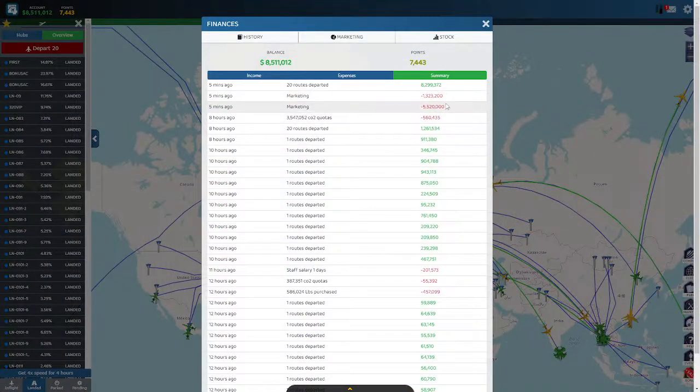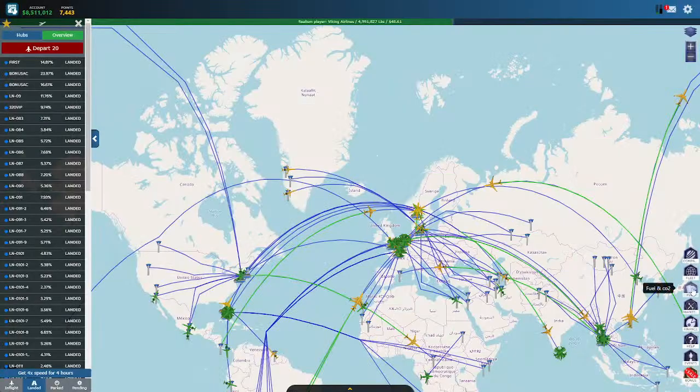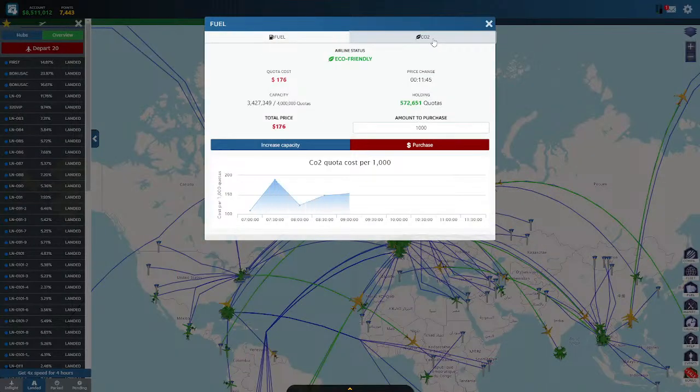Right? I got 8 million. Okay, so I got 4 million more than the gas cost. But then again, there is this CO2, but that doesn't cost that much. But sending 20 planes out used almost all my gas.